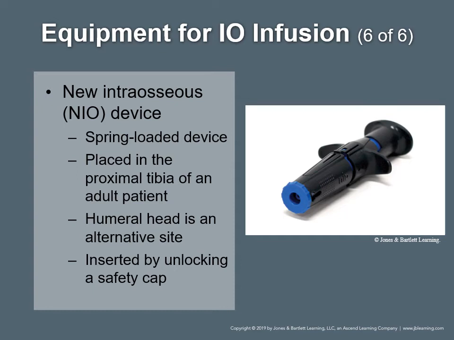The device is pulled up in a rotating motion while the needle stabilizer is held against the skin. After the introducing trocar is removed, any lower lock tubing can be attached. A pediatric version is the NIO pediatric, or NIOP, and it has an adjustable dial.